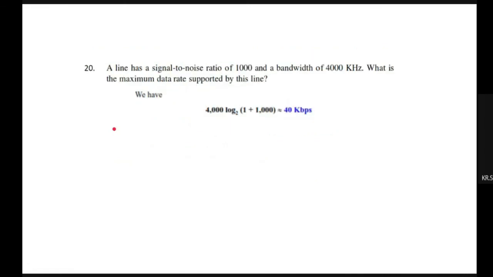The last question here: a line has a signal to noise ratio of 1000 and a bandwidth of 4000 kHz. What is the maximum data rate supported by this line?